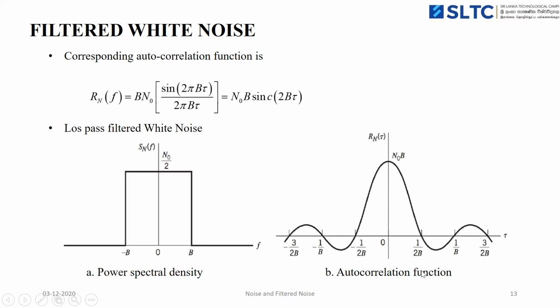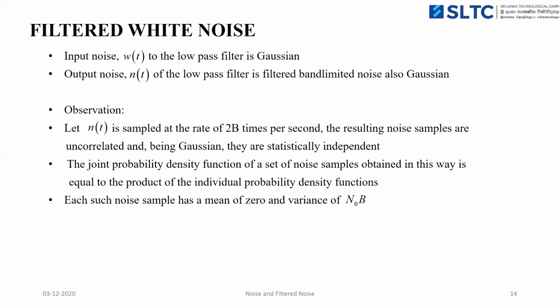So this is the basic difference between the filtered white noise and unfiltered white noise. The unfiltered white noise has the bandwidth from minus infinity to plus infinity, and its autocorrelation function has only an impulse function. Whereas for the filtered white noise, the power spectral density is a rectangular spectrum and the autocorrelation function is a sinc pulse.